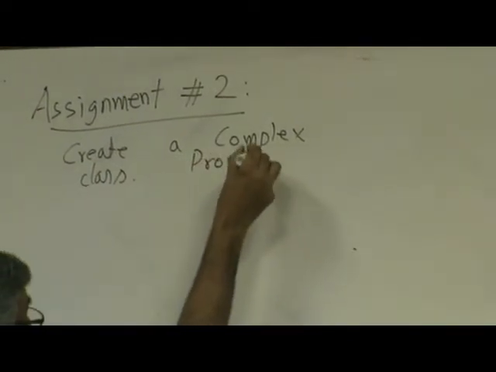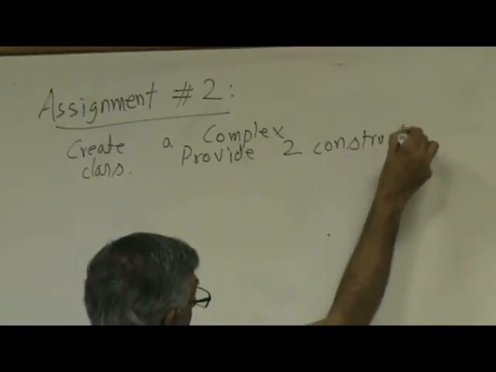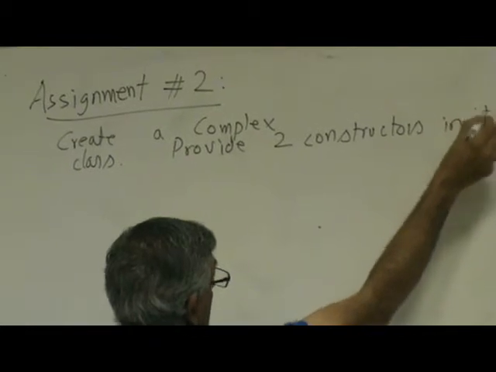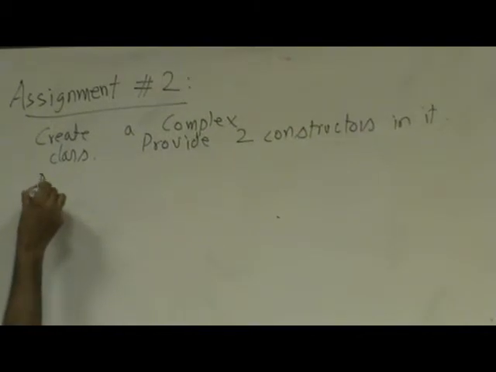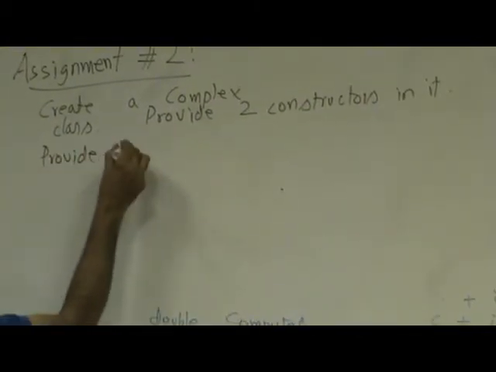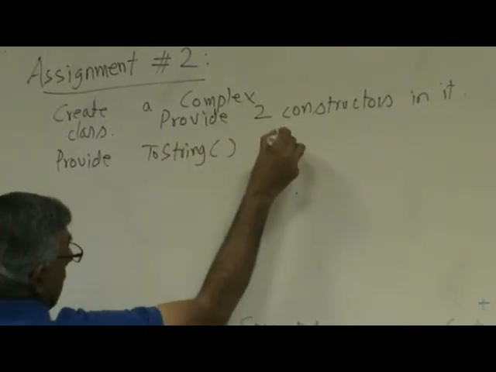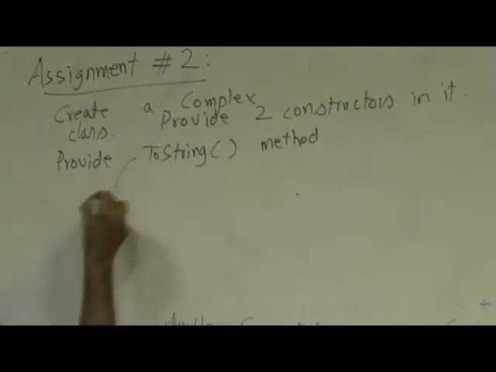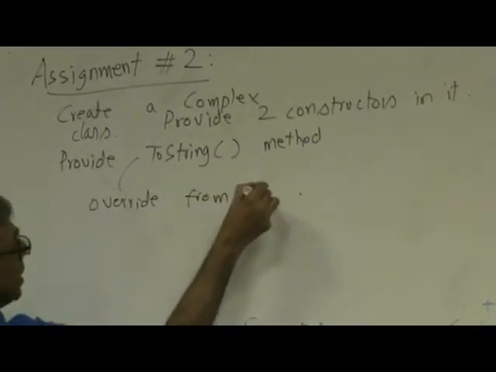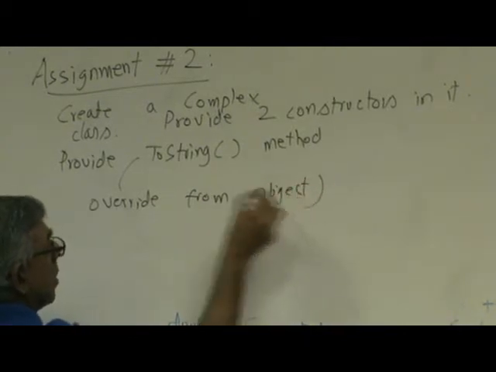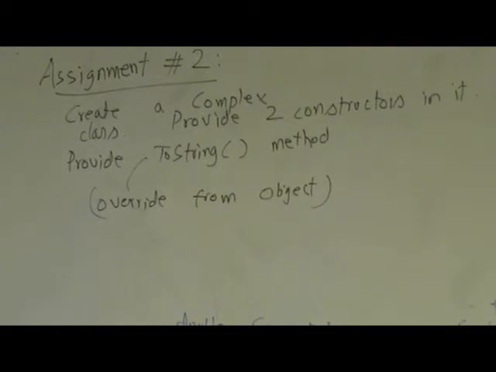Provide 2 constructors in it, just like I showed you. Okay, provide toString method. Okay, and of course, remember this will be an override from the object class. Okay, so you will say public override toString, just like we've done, right?